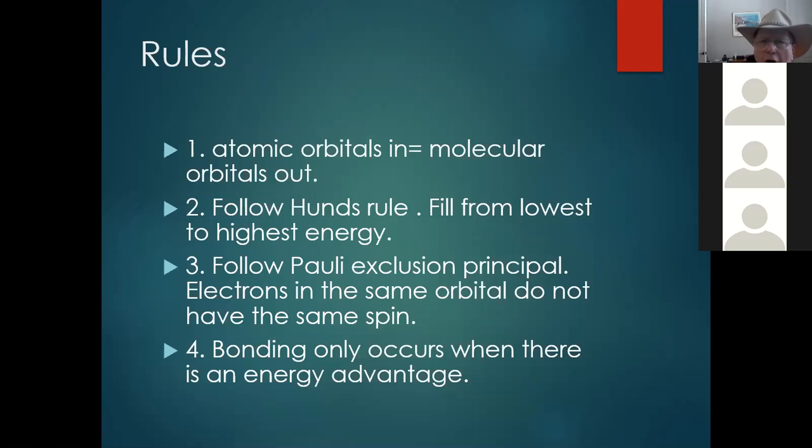So the rules: atomic orbitals in equal molecular orbitals out. They follow Hund's rule and the Pauli exclusion principle. And bonding only occurs when there's an energy advantage.